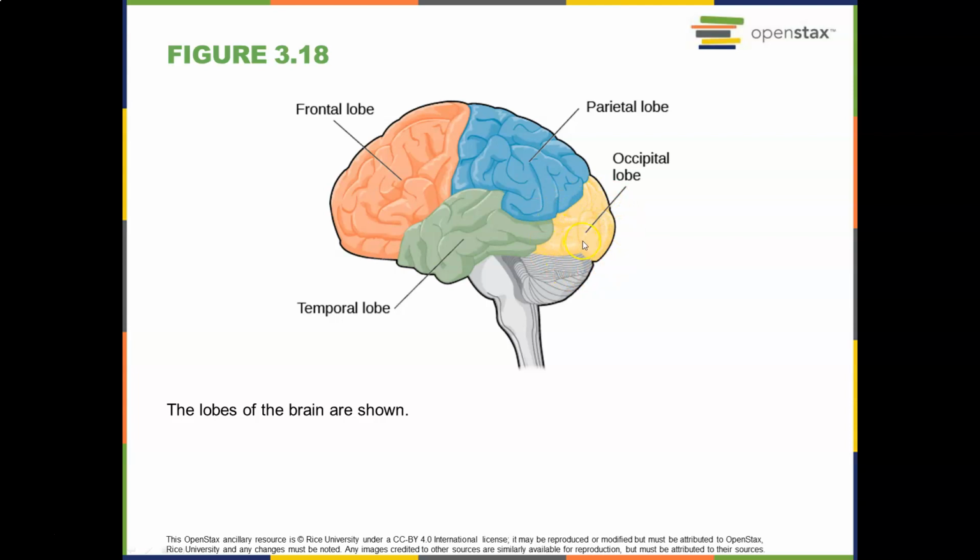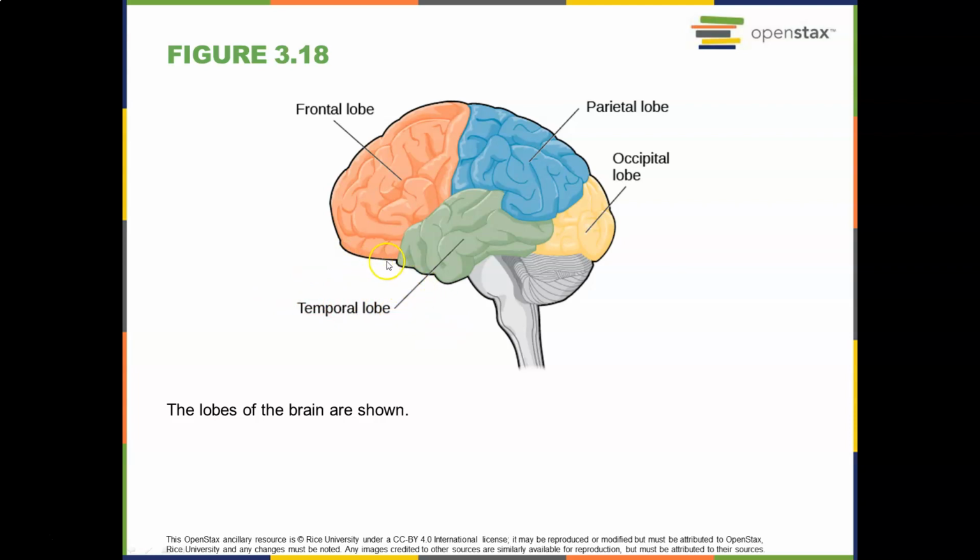People have said that's to protect the eyes throughout the years of evolution. That's why the occipital lobe is in the back of the head, so that if there's damage to the front, the eyes can still work.